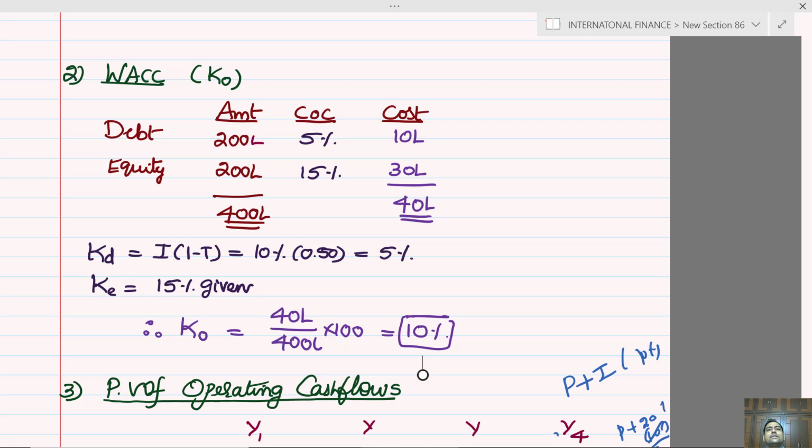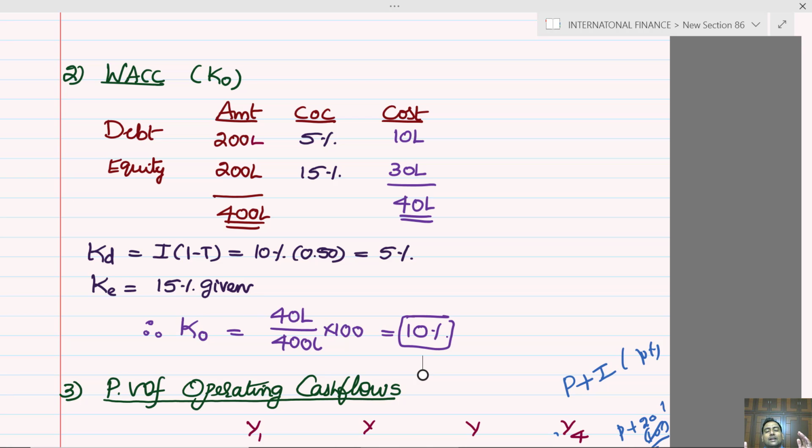Therefore, it is not proper, it is not prudent to consider only 5% return to lenders. Yes, you have to pay 5%, but as far as the shareholders are concerned, you are paying 5% to the lenders, which means you are taking some risk. So for taking those additional risks, they need some additional return.